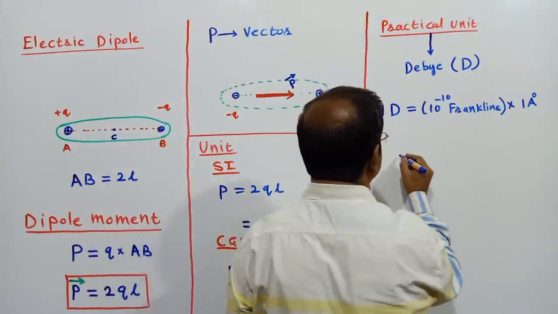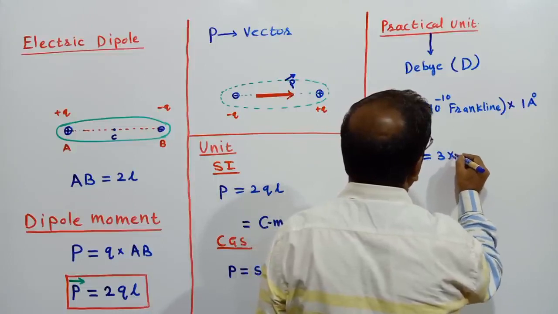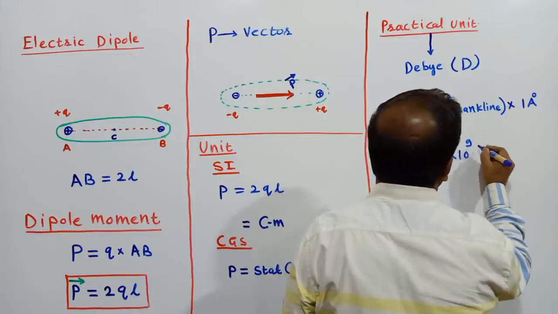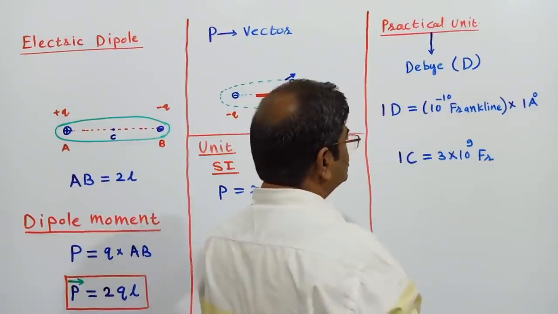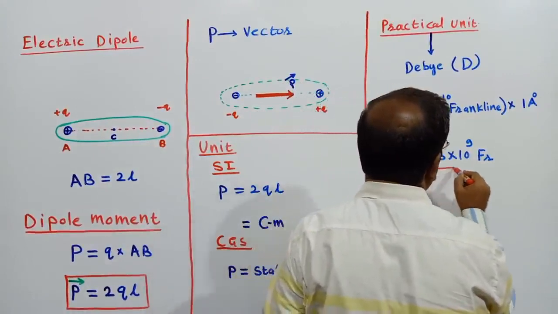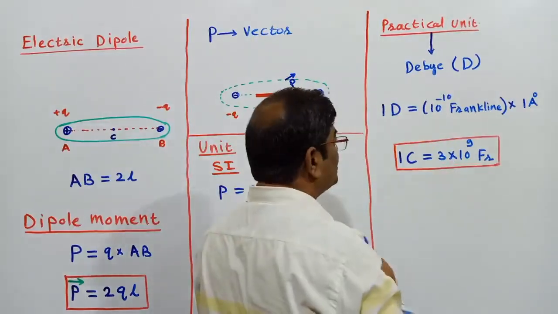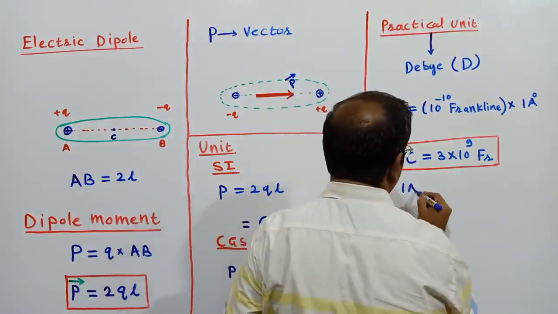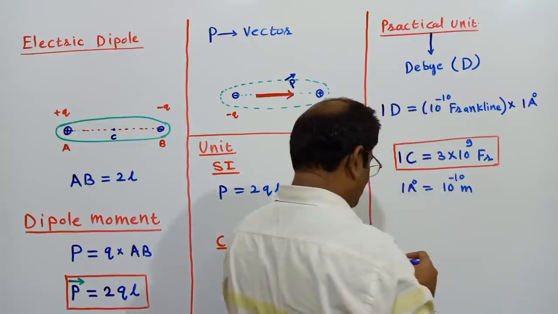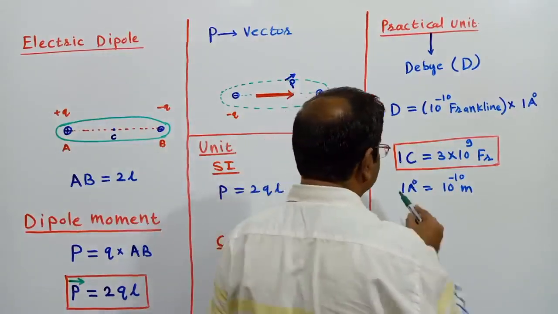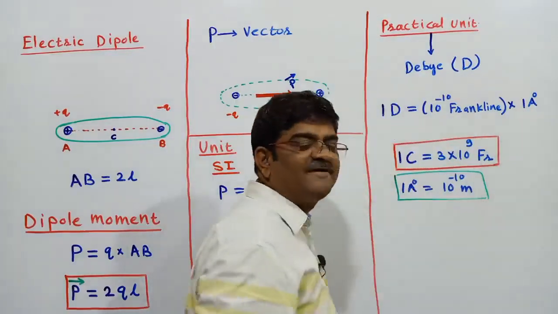And for information children, 1 coulomb charge is equal to 3 into 10 to the power 9 Franklin. So 1 coulomb of charge is equal to this much. And also you know that 1 angstrom unit is equal to 10 to the power minus 10 meter. And once I am having these things available, I can go ahead with the calculations.